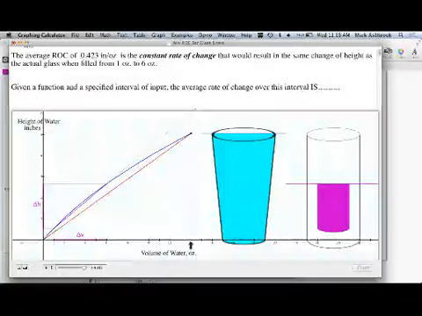Can you finish it? Janae. It's an approximation of the change, of the changing rate.